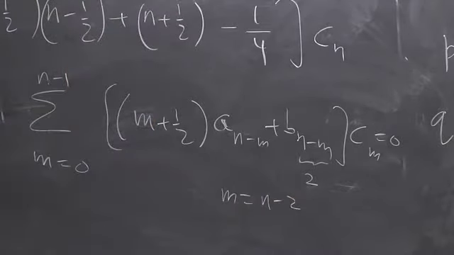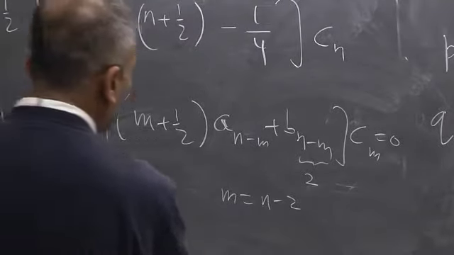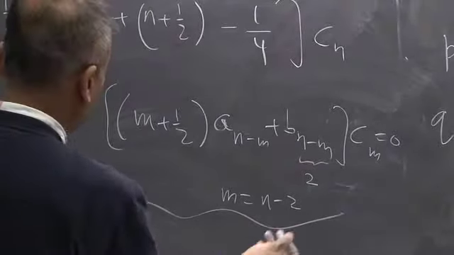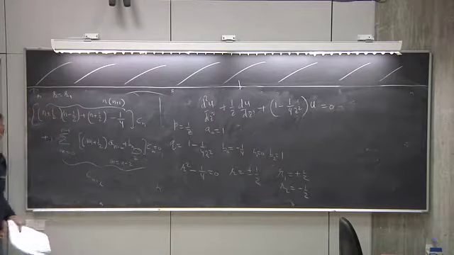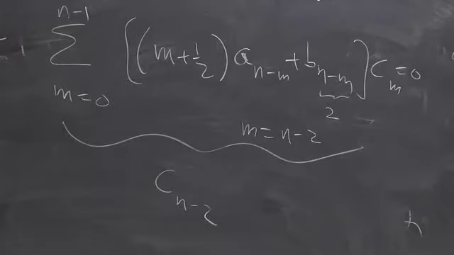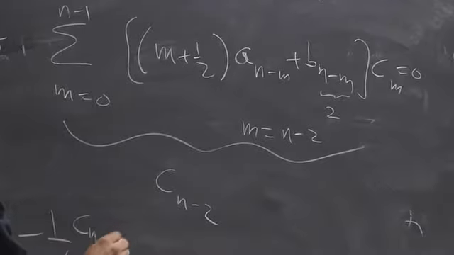That's the only term which survives. In that case, b2 is simply 1. So this whole thing is simply C_{n minus 2} times 1. So the equation becomes C_n equal to minus 1 over n plus 1 times C_{n minus 2}.